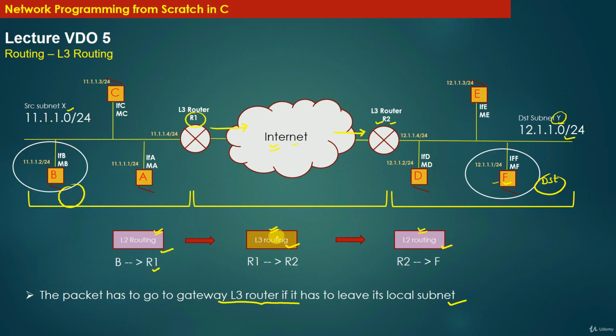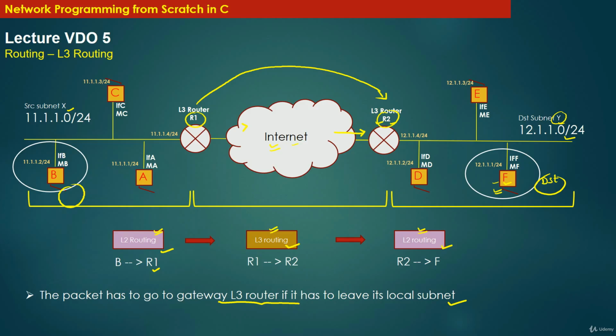Then layer 3 routing is responsible for taking the packet from layer 3 router R1, the source gateway router, to the destination gateway router, right? And once the packet reaches the destination gateway router, layer 2 routing again comes into the picture, and it is responsible for taking the packet from the destination gateway router R2 to the actual destination machine.